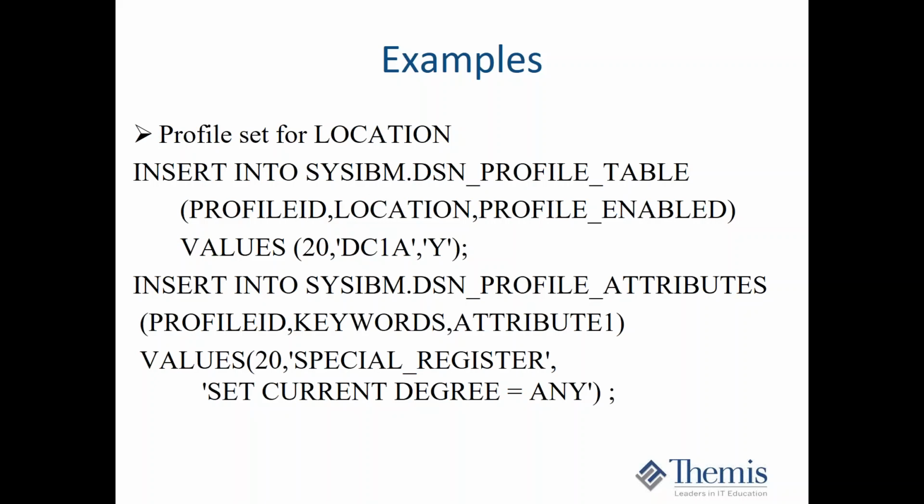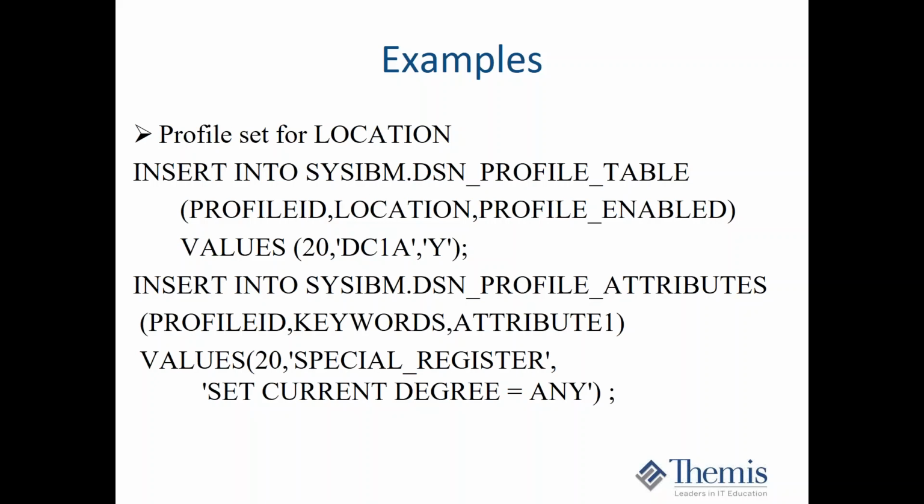Here I have a profile number 20 set for location DC1A. I want the queries coming in where we connect to DC1A to have the special register CURRENT DEGREE equal ANY. I want to allow them to have parallel CP parallelism.